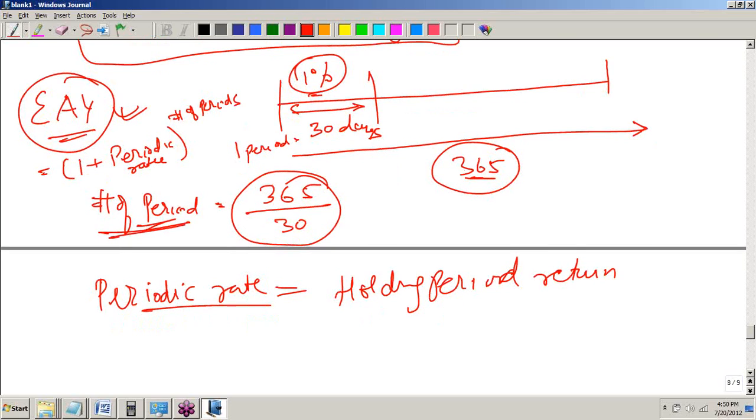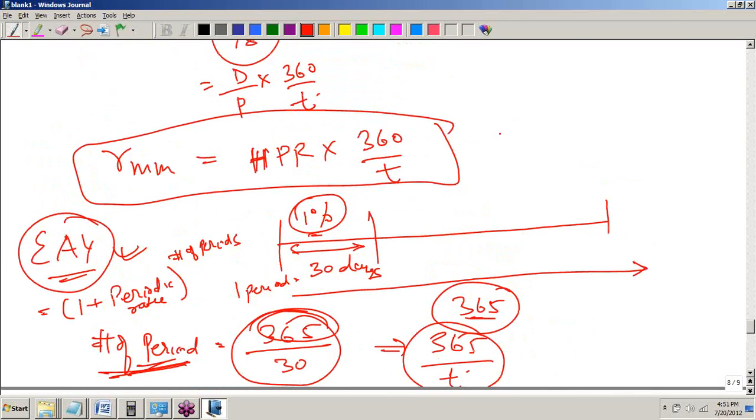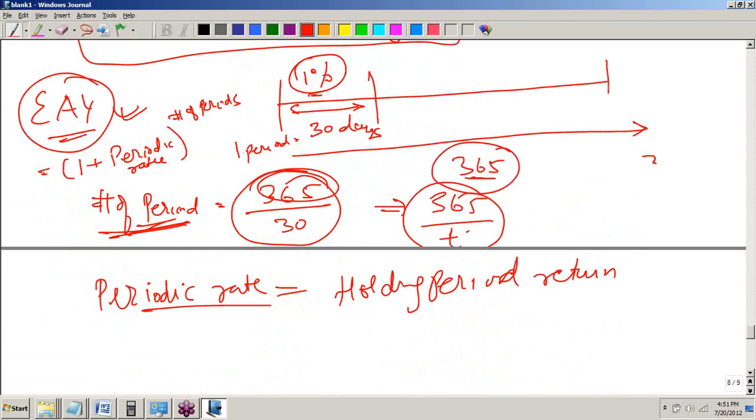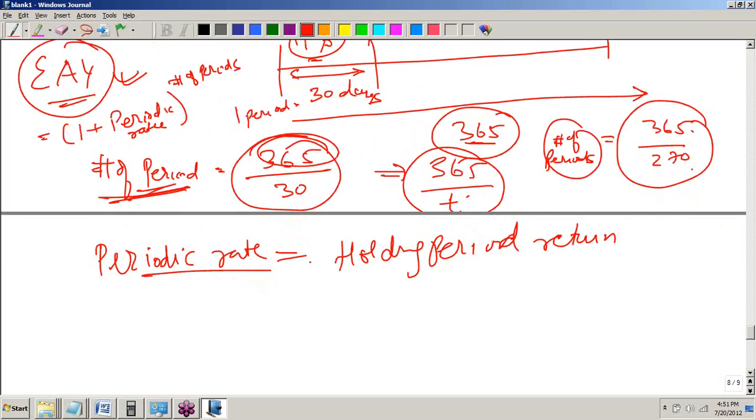So we have got the number of periods. Number of periods is 365 divided by the time. So in this case, if the days was 270 days, your number of periods in a year is how much? How many 270s come in a year? 365 by 270. That is your number of periods. Correct? So periodic rate is holding period return.